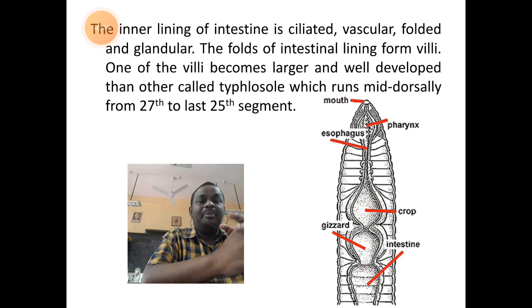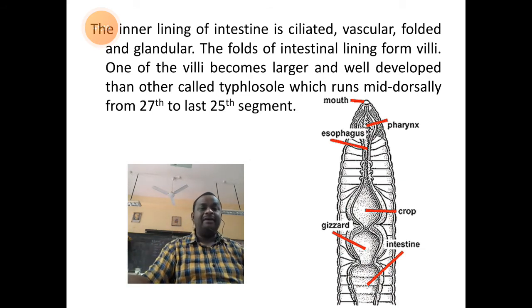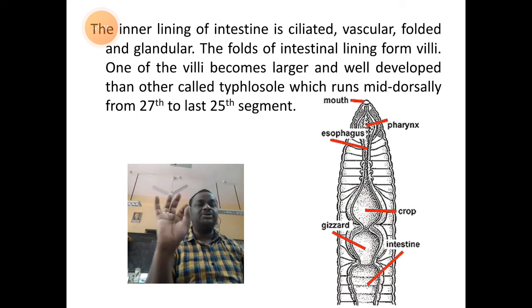To make the concept easier, let us say the earthworm has 100 segments. So, from the 27th segment onwards the typhlosole is seen. Exclude 25, it refers to the 75th. So, from the 27th to the 75th segment will have the intestine portion provided with the typhlosole at its mid-dorsal side.